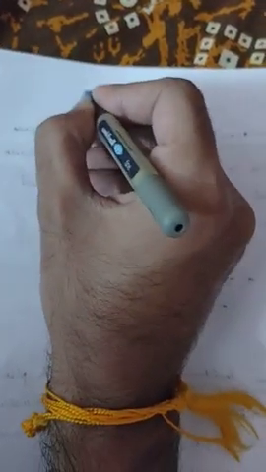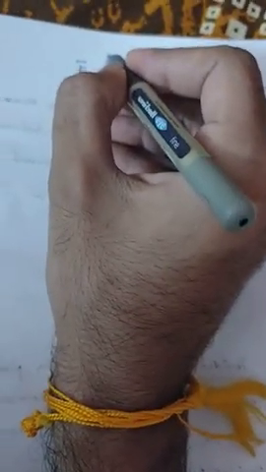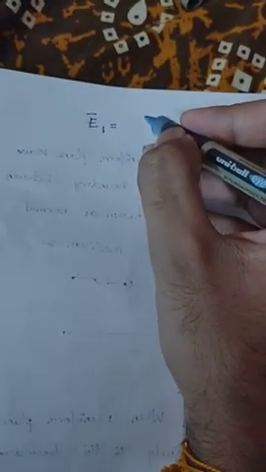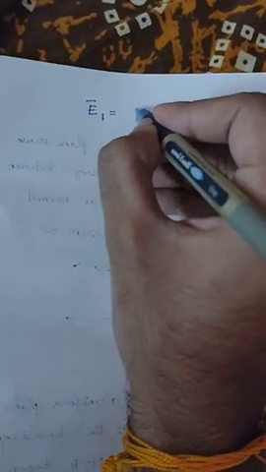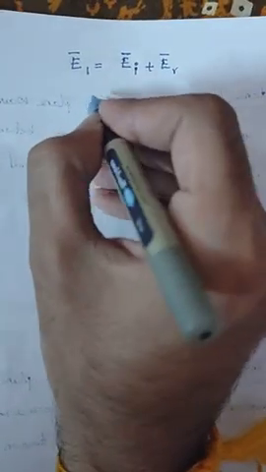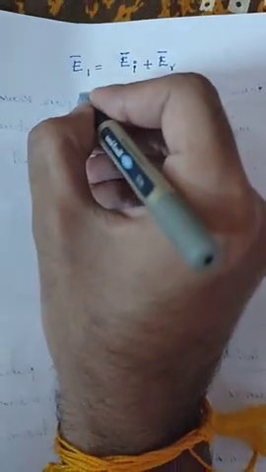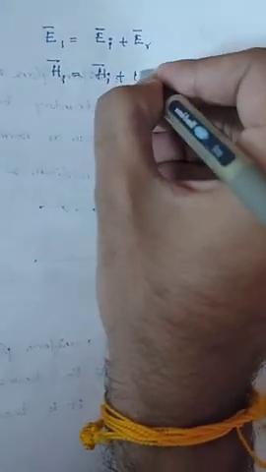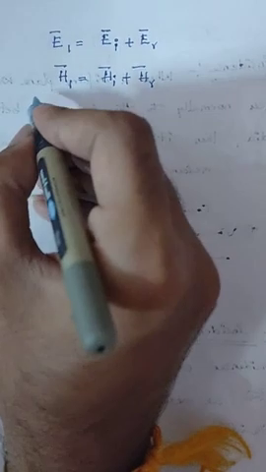So we can write E1 vector as EI vector plus ER vector. In the same manner I can represent H1 vector, the magnetic field intensity: HI is the incident and HR is the reflected.